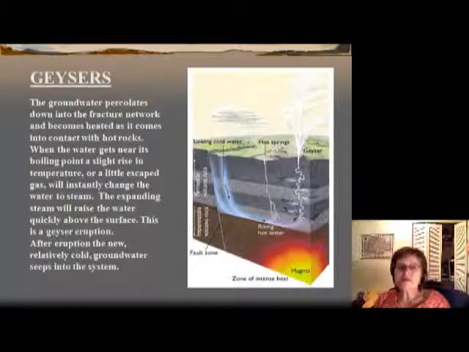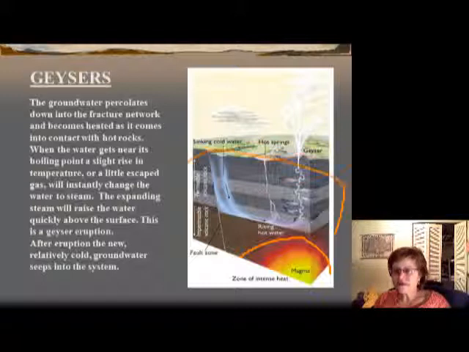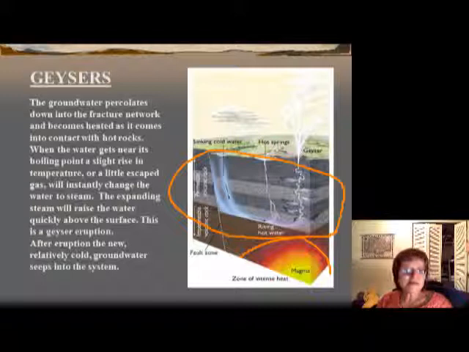So let's talk about the geysers first. In the case of geysers, there is a magma chamber below. This heat keeps the rocks above the magma chamber quite hot. So the groundwater percolates into the fracture network and becomes heated as it comes into contact with the hot rocks.